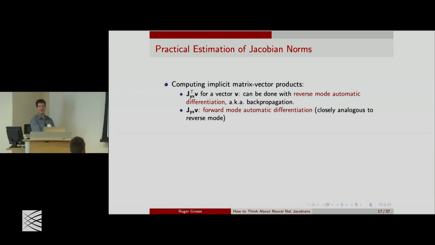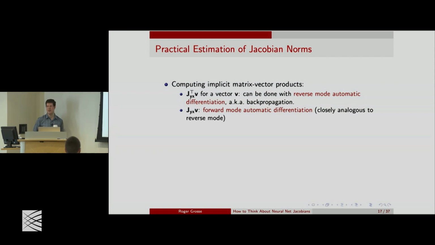It turns out that when you use backprop to train a neural net, what it's actually doing is computing the Jacobian transpose times a vector. I'll say in a bit more detail how that works, but that's basically what backprop does, and it's essentially the same thing as reverse mode automatic differentiation. There's also a forward mode automatic differentiation.